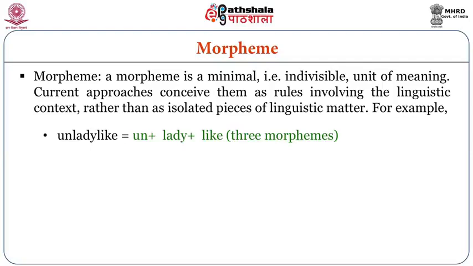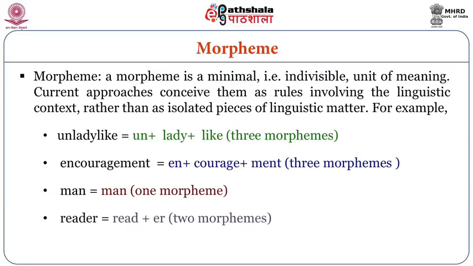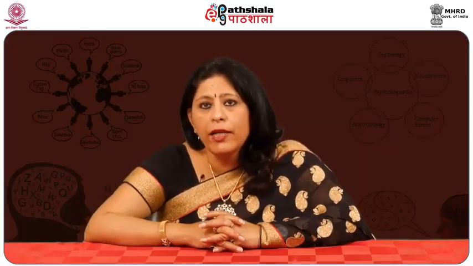They are three different words, but when we put them together, unladylike, they become one word. Encouragement: en, courage, and ment, three morphemes. Man is just one morpheme that cannot be subdivided into any other unit. Reader: read, er, two morphemes. This way you can understand how many morphemes there are in one word.